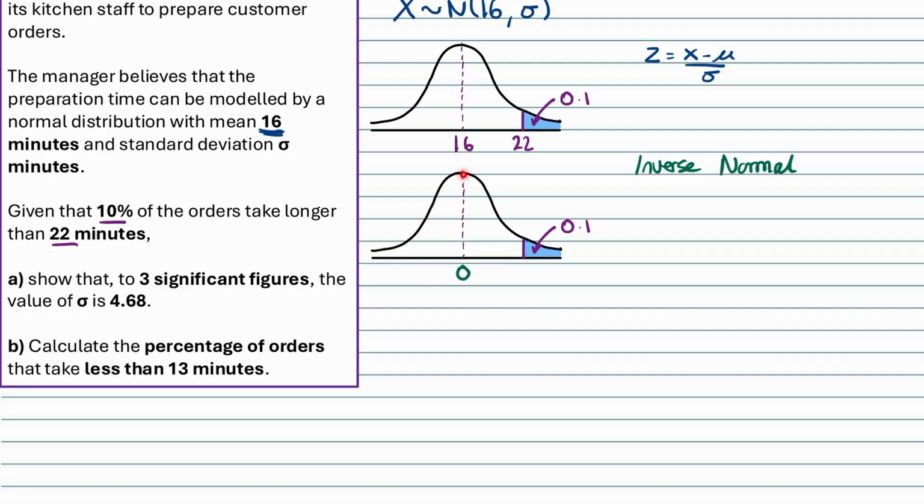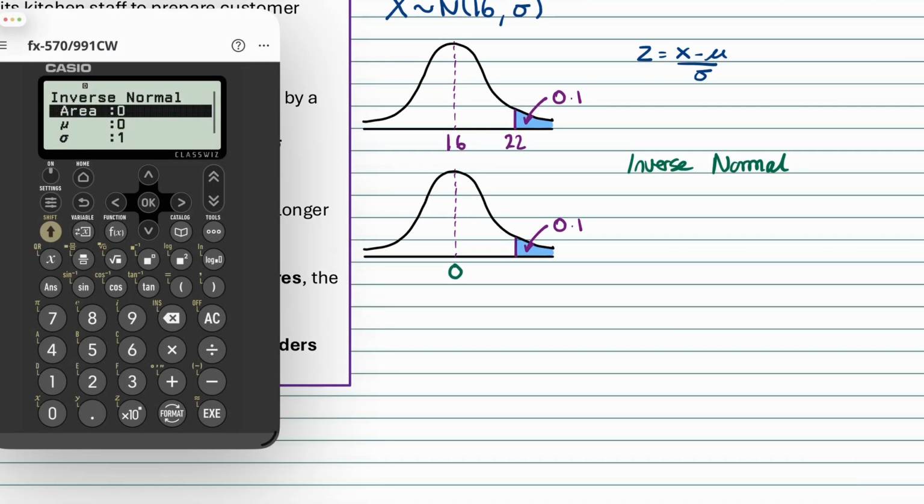And we know under the curve is 100%. So if we go back to our calculator, we know the area will be 0.9. And because it's the standard normal, the mean will be 0, and sigma will be 1. And we'll execute that. So we have the z value of 1.281 or 1.282.